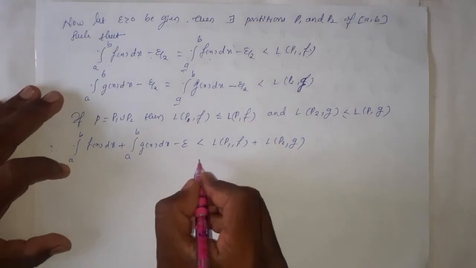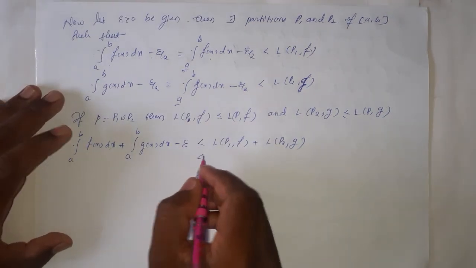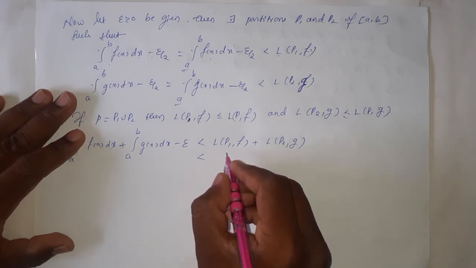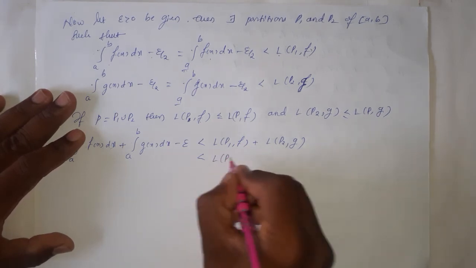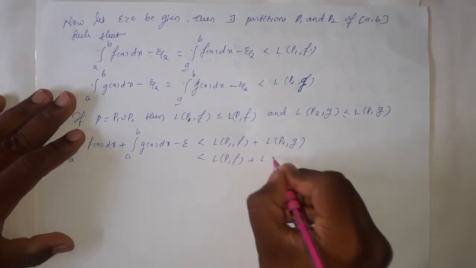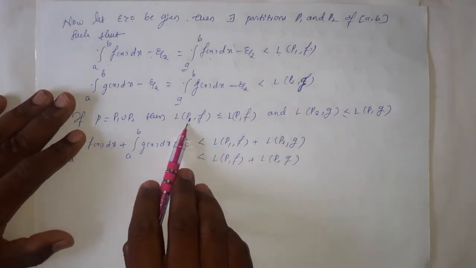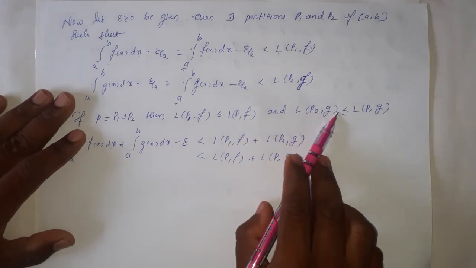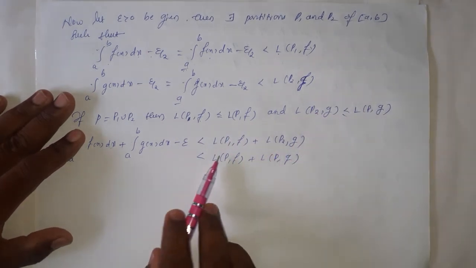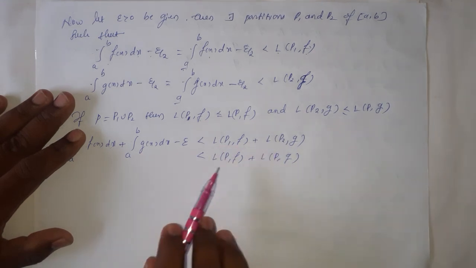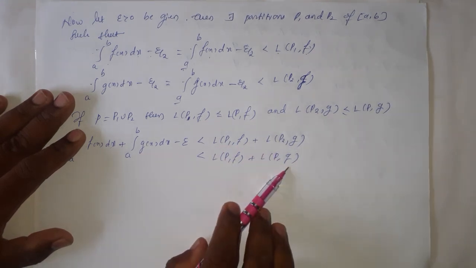Now, this is less than L(P, f) plus L(P, g), because L(P1, f) is less than L(P, f) and L(P2, g) is less than L(P, g). So, therefore, we can replace these two lower sums by L(P, f) and L(P, g).